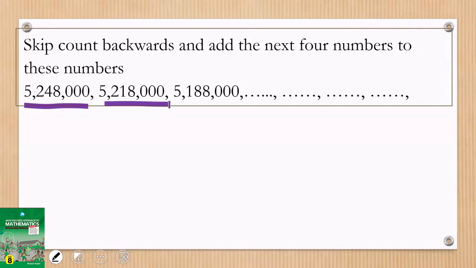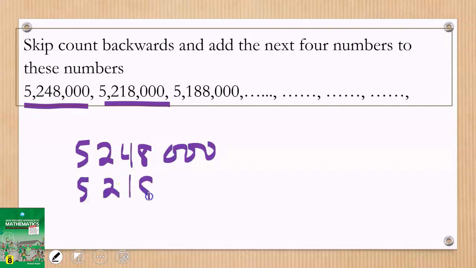So the question is, what is the difference between the two? The easy way out is to do subtraction. So let me keep the first number, 5,248,000, then 5,218,000. And let's do subtraction of this. This is very simple subtraction.